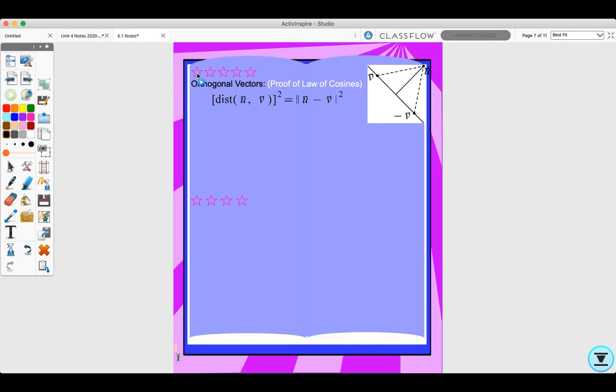So the distance of u and v squared is the norm of u minus v squared, which is the same as (u minus v) dot (u minus v), which then would equal u dot (u minus v) plus negative v dot (u minus v), which we would have u dot u minus u dot v plus negative v dot u plus v dot v, which would then equal the norm of u squared plus the norm of v squared minus 2 u dot v.